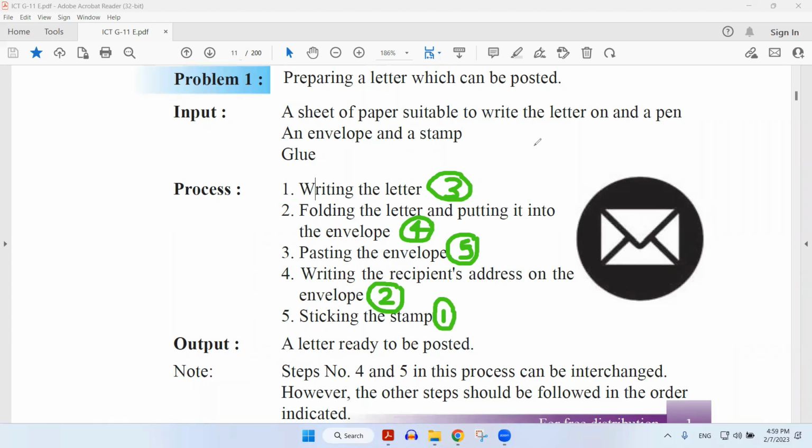So if we can manage the particular process in different ways within the same time, it doesn't matter which way we are going to solve the problem.